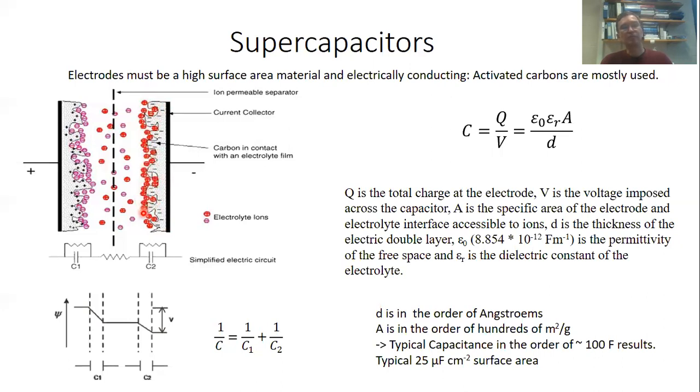Okay, so now, of course, you're also having charges stored within your electrode materials. But you now have the ability to store a lot more charges in comparison to a parallel plate capacitor.